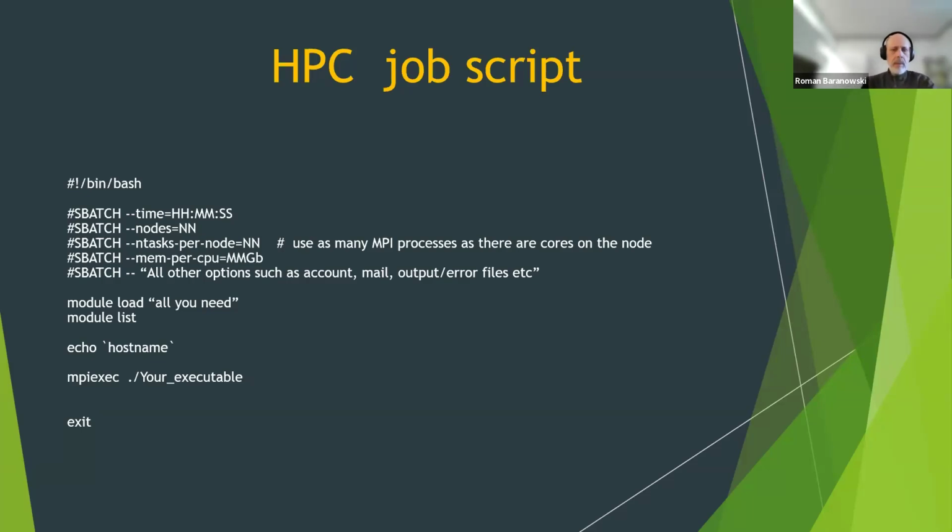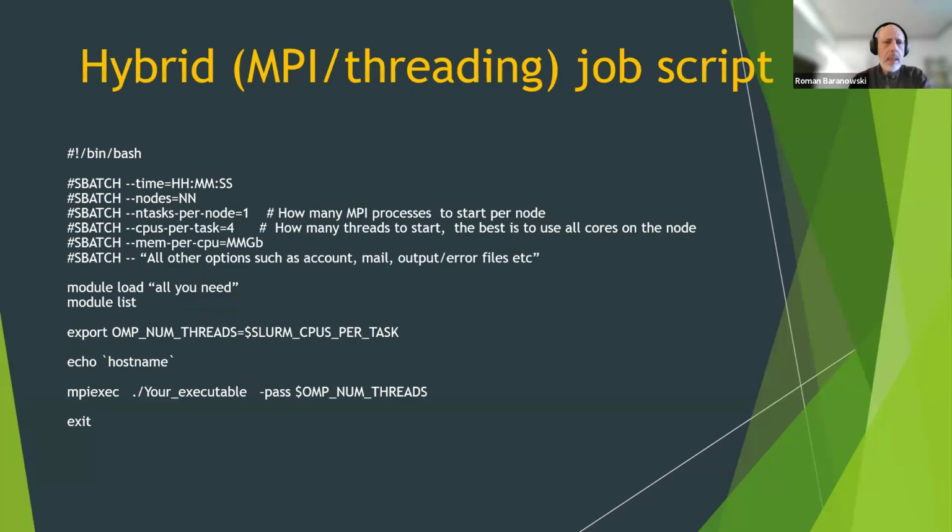Finally, it's not the last slide, but the last example is a hybrid kind of job script, let's say for GROMACS software. GROMACS is molecular dynamics simulation software developed in Europe, and it's very popular and widely used by chemists.